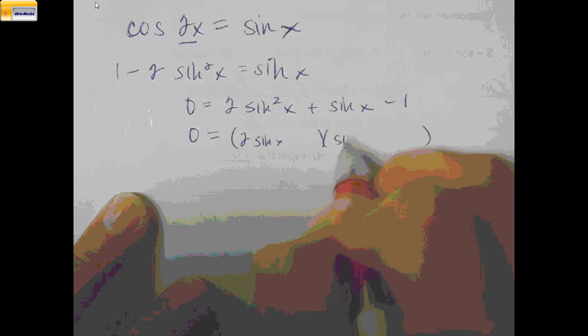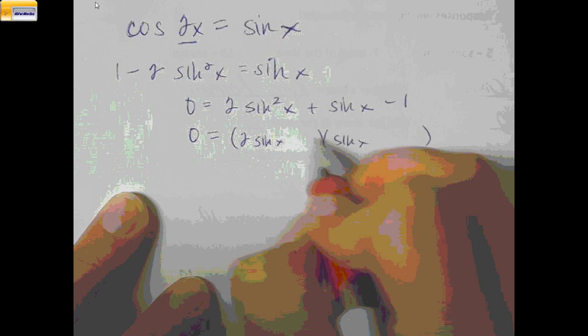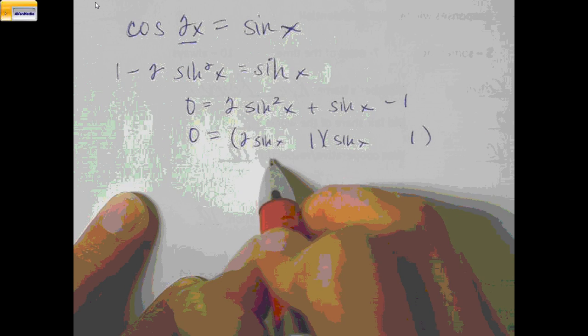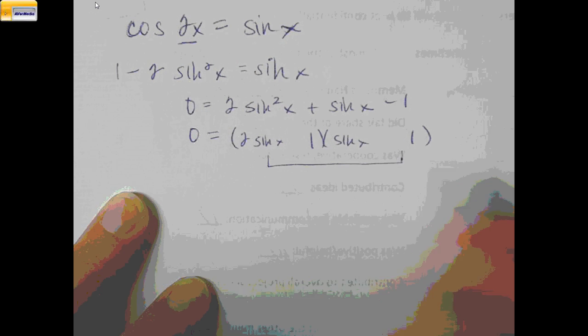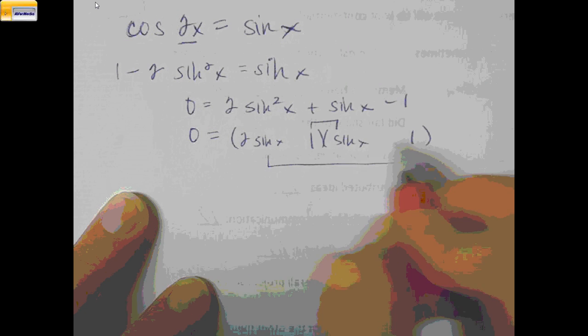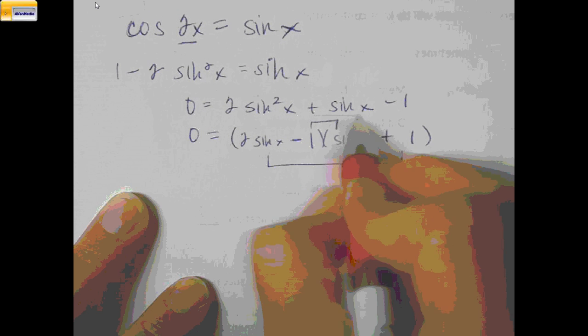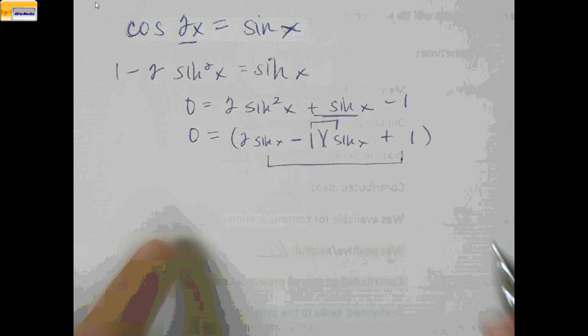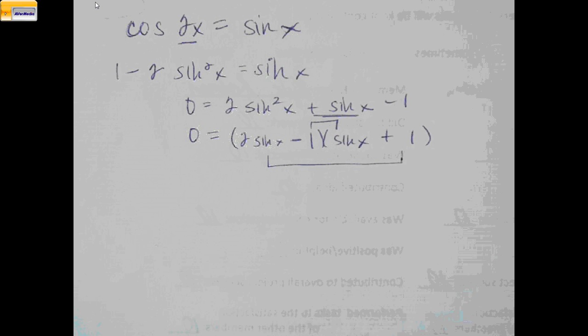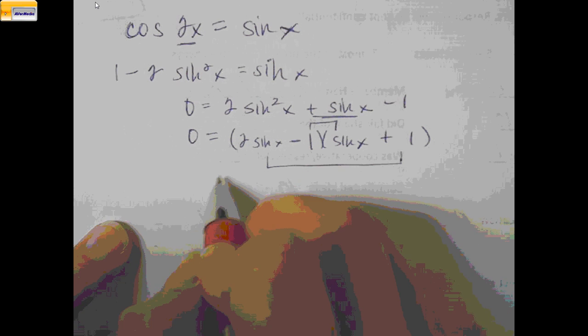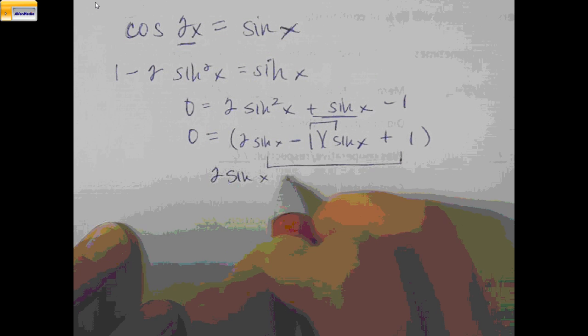Let's break it apart. I'm going to have 2 sine x here and sine x here. The only way to get 1 is 1 times 1. Positive 2 sine x minus 1 sine x gives me this positive sine x. So now I've split that into 2 binomials, and you can set those each equal to 0.